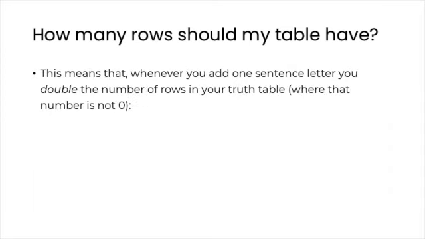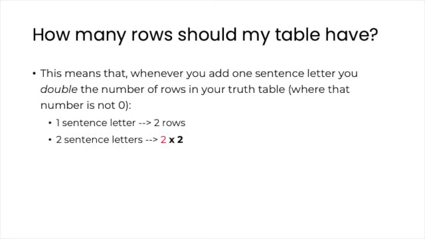This means that whenever you add 1 sentence letter to the set, you double the number of rows in your truth table. So, with 1 sentence letter, you get 2 rows. With 2 sentence letters, you multiply the number of rows you had before, that is 2 times 2, for a total of 4 rows.